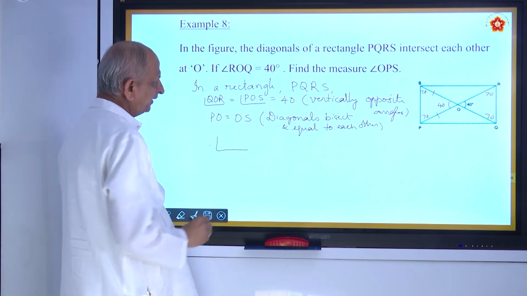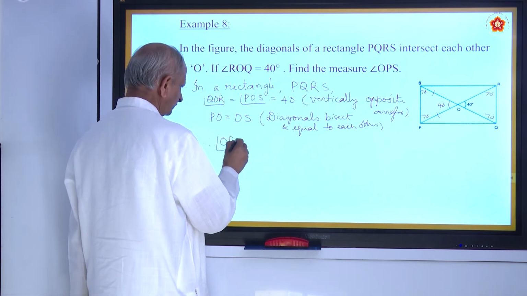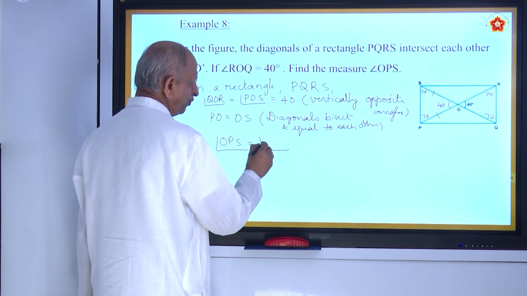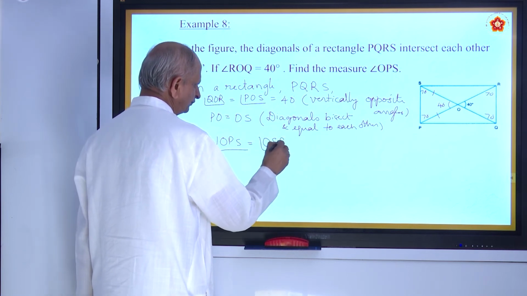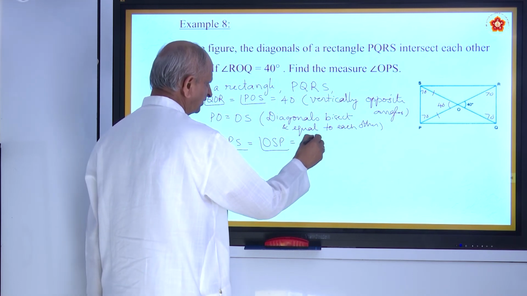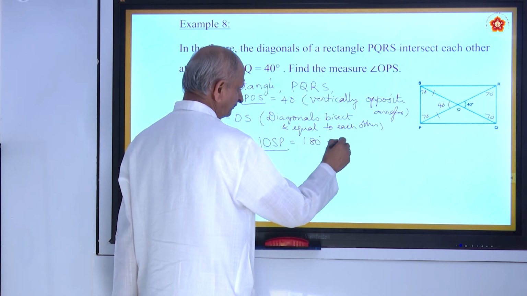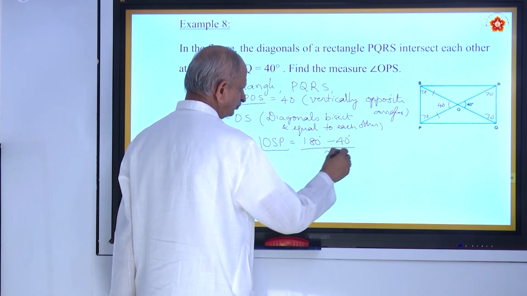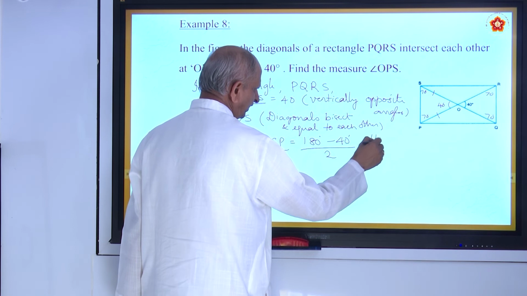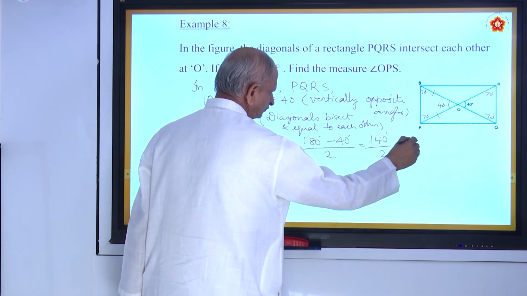Therefore, we will come to the last point. OPS is equal to OSP is equal to 180, the sum of the three angles of a triangle, minus 40 by 2, 140 by 2, that is 70.